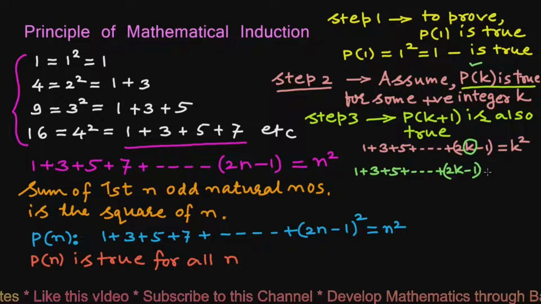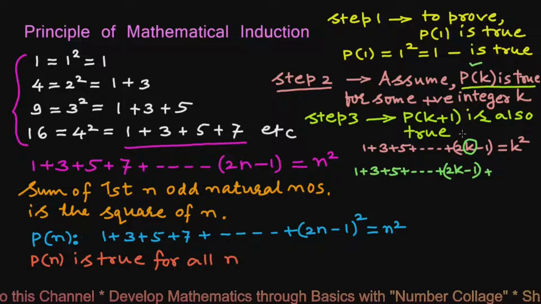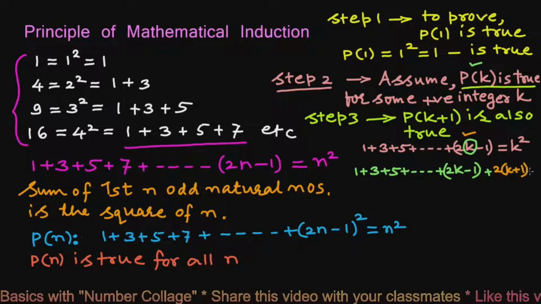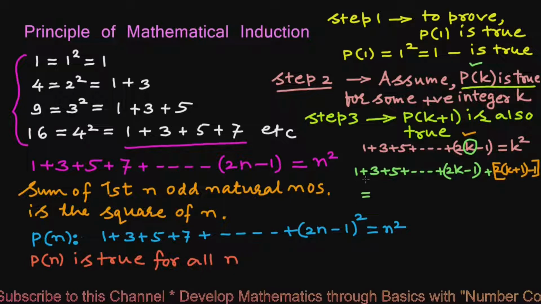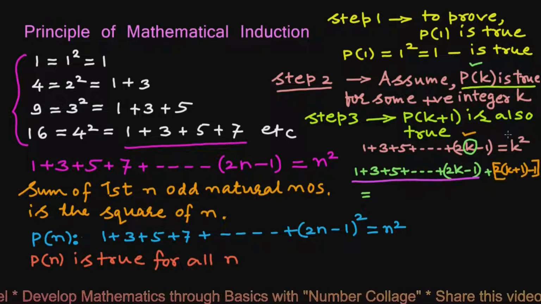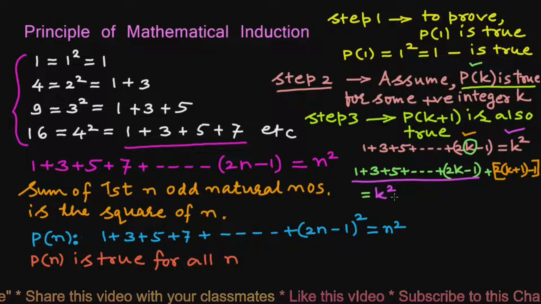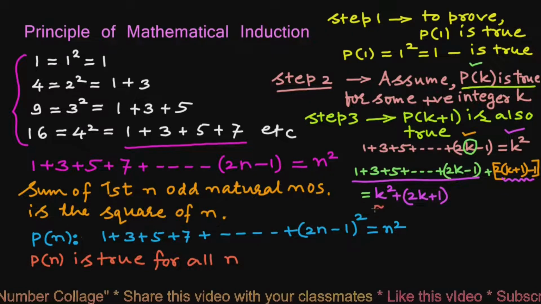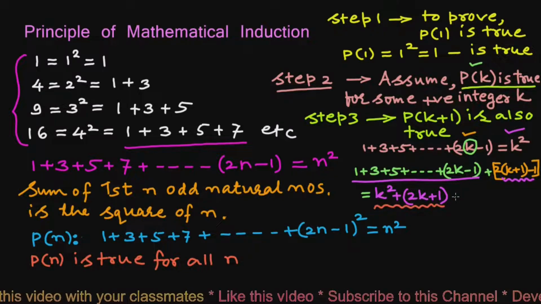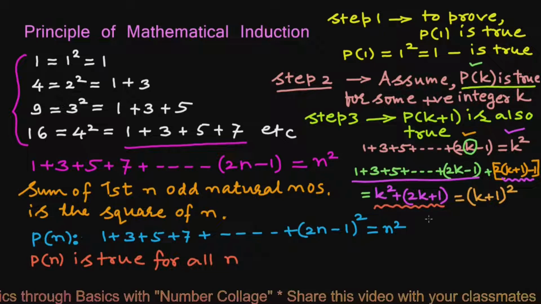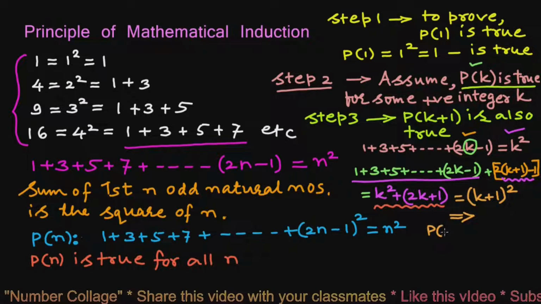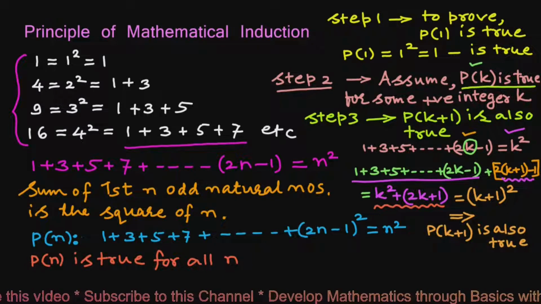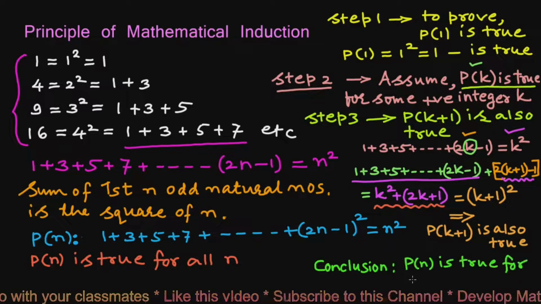Now we will substitute k plus 1 in place of this k and write 2 times (k plus 1) minus 1 equals, now up to this we can write this k square, to which we will add this, which is 2k plus 1, and this is nothing but the expansion of (k plus 1) whole square, which implies Pk plus 1 is also true, which is the last inductive step. Hence, we conclude Pn is true for all n.